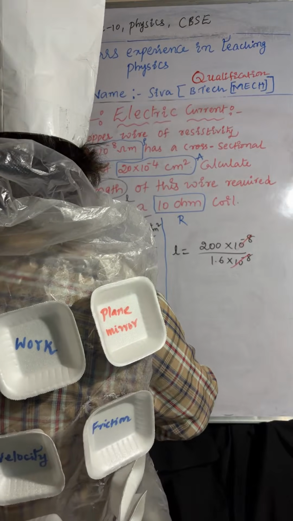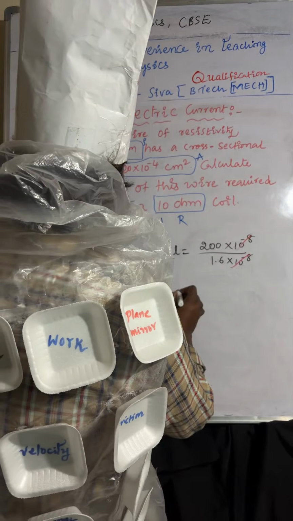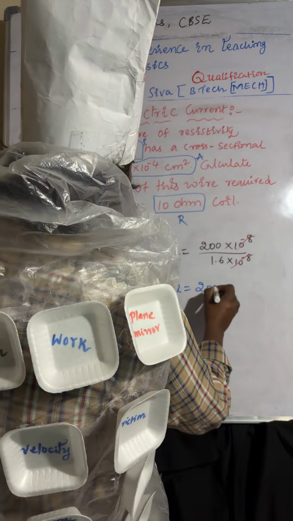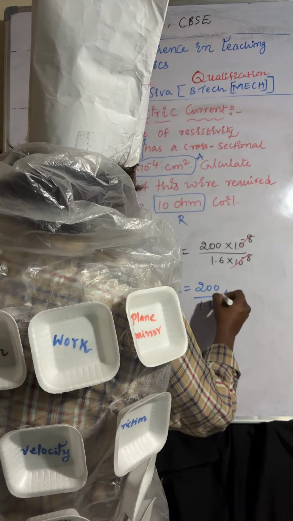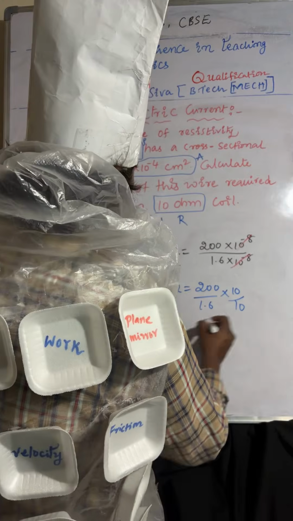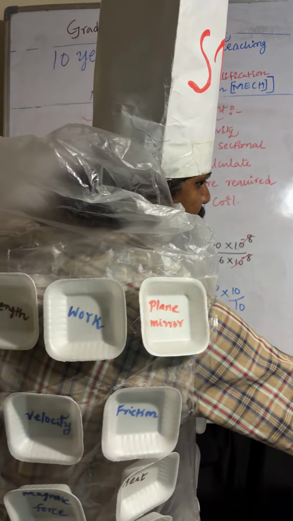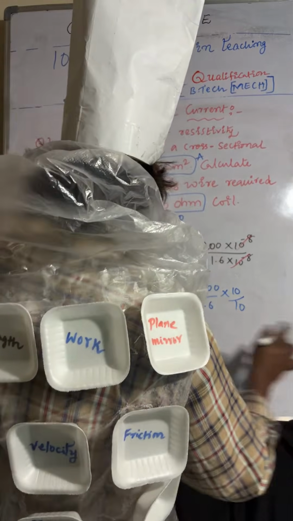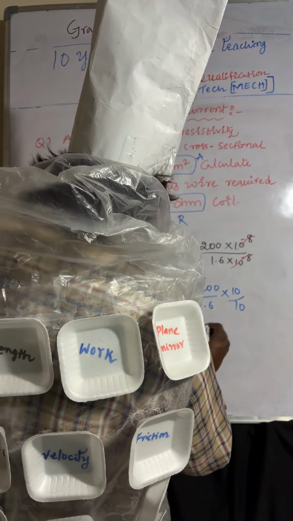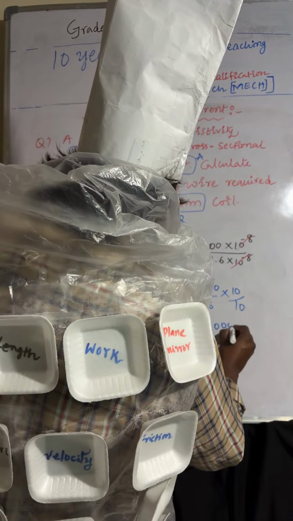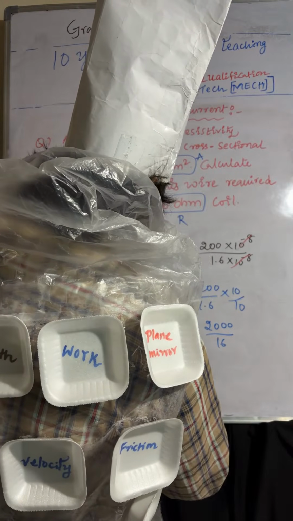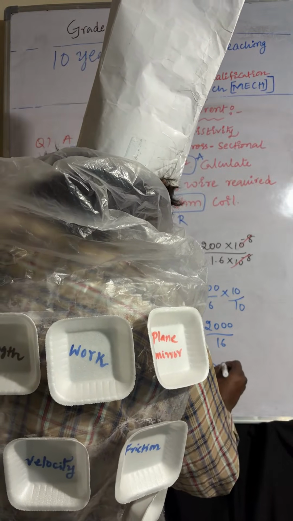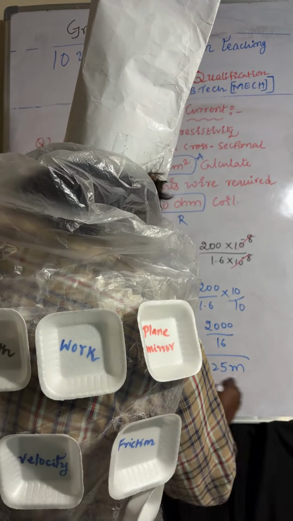The remaining terms, you can write L equal to 200 by 1.6 into 10 by 10. Then you will get L equal to 2000 by 16, that is 125 meter. Is it clear?